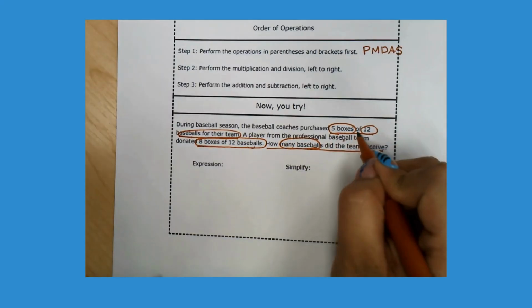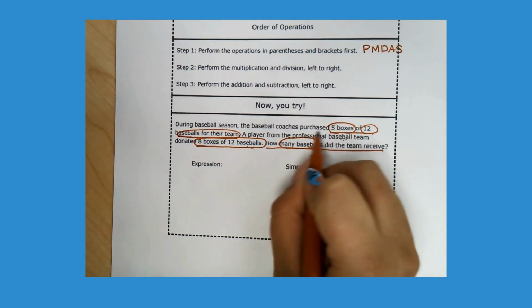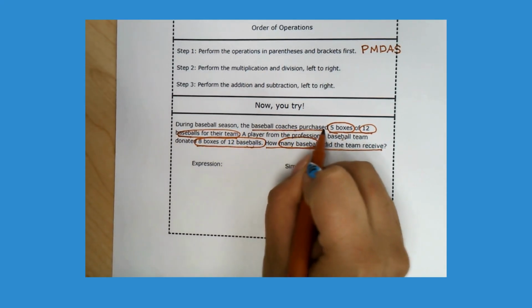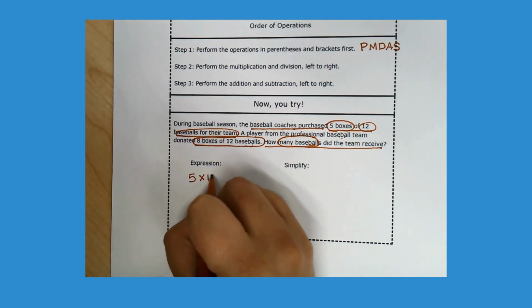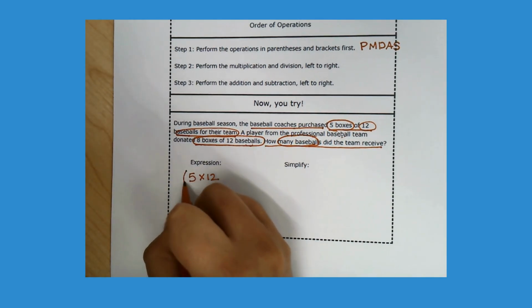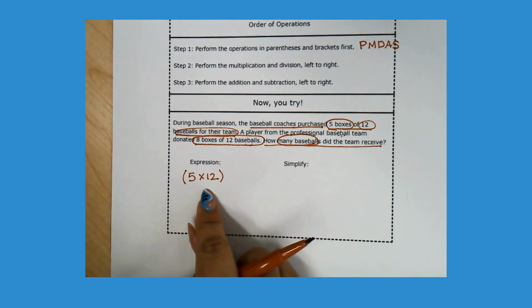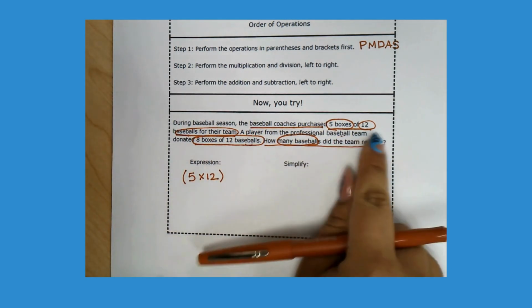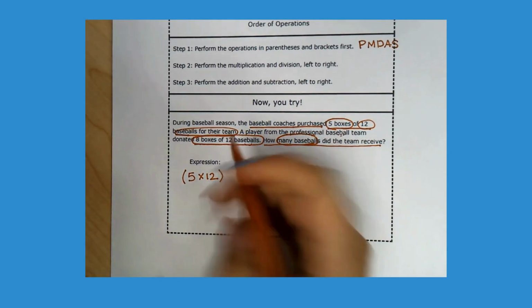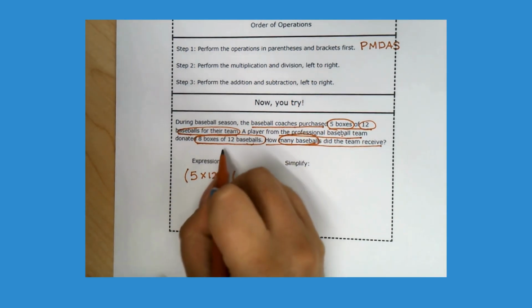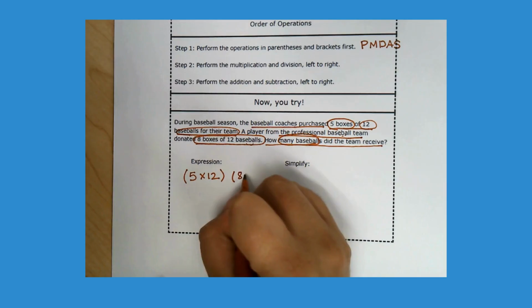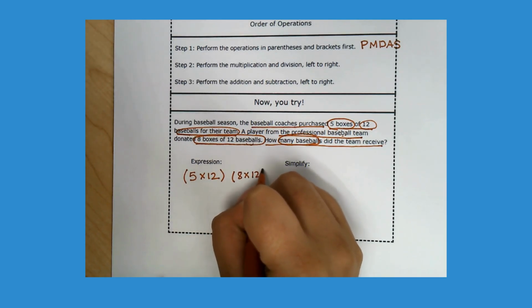First thing that I need to do, I need to figure out how many the baseball coaches have purchased. So I have 5 boxes of 12 in each box. Once I figure this one out, then I need to look at how many the professional baseball team donated, which was 8 boxes of 12 baseballs in each.